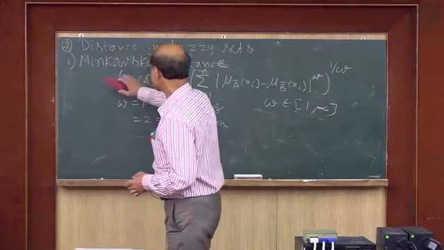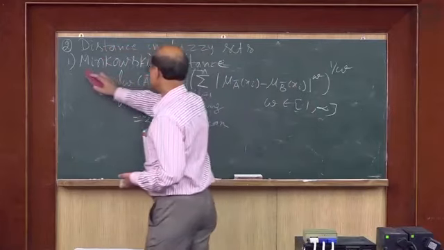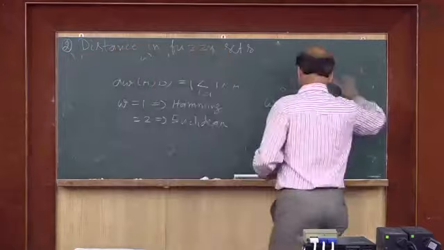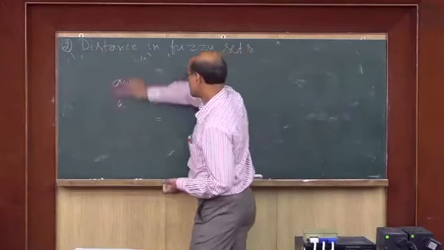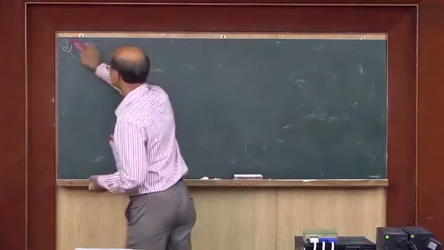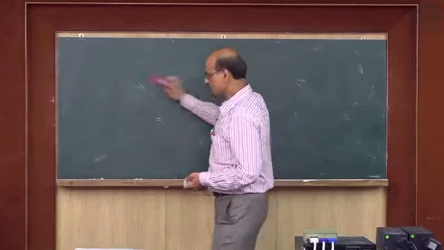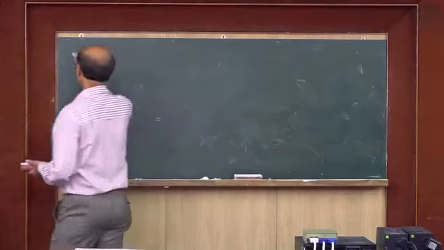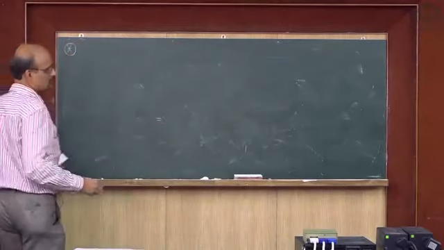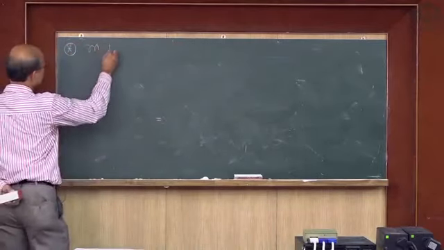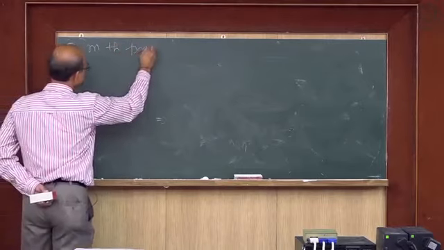So these are the three distances, and you can put other values here. Next is your Cartesian product. So before that we will have one more thing, that is called mth power of a fuzzy set.